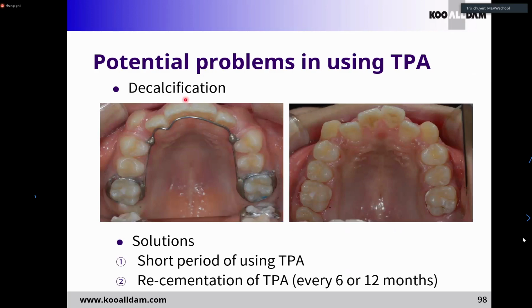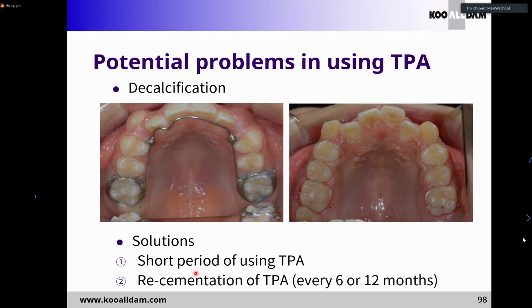And also, these are potential problems in using TPA. Some case we can see the calcification of this area. So these are solutions. We may use this appliance short period.